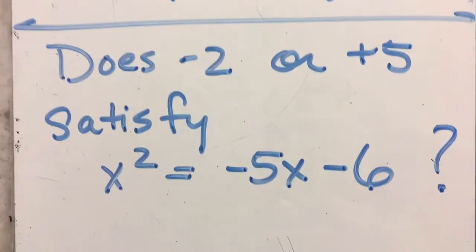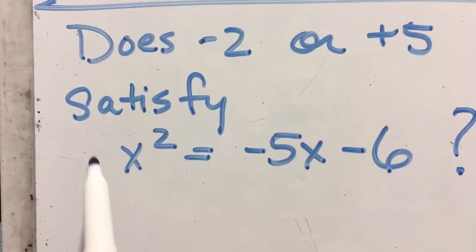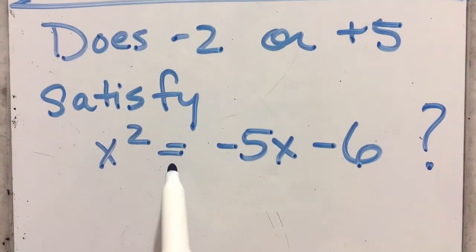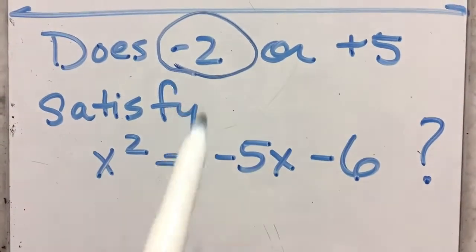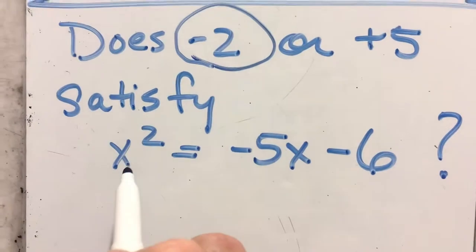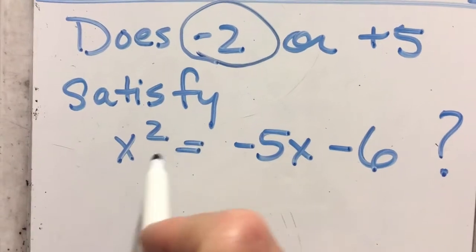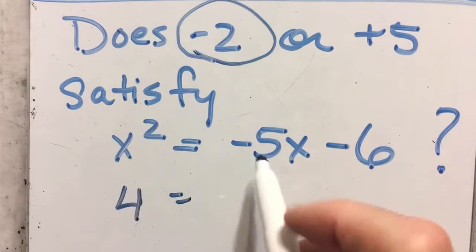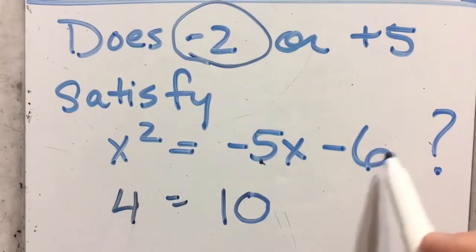Does -2 or +5 satisfy this equation? Now we have an algebraic expression on the left, algebraic expression on the right, joined by an equal sign, so this is an equation. Now we're going to check -2 first. Does -2 satisfy? If it satisfies, that means it makes it true. -2 times -2 would be the same thing as -2 squared. -2 times -2 is 4. -2 times -5 would be a positive 10. -2 does not affect this one at all.